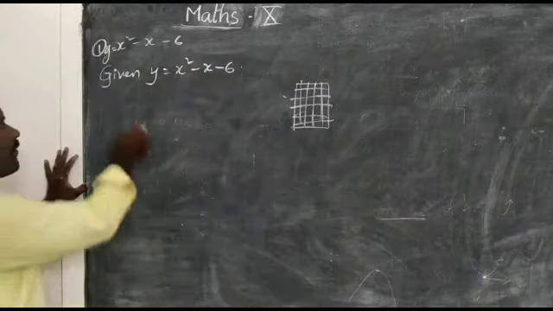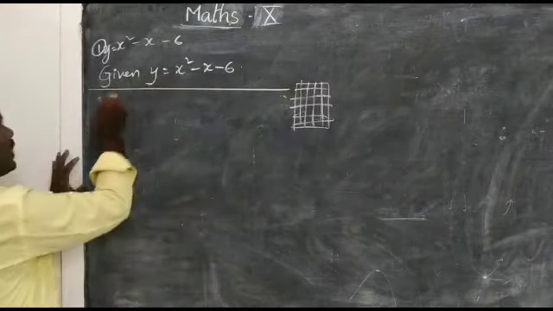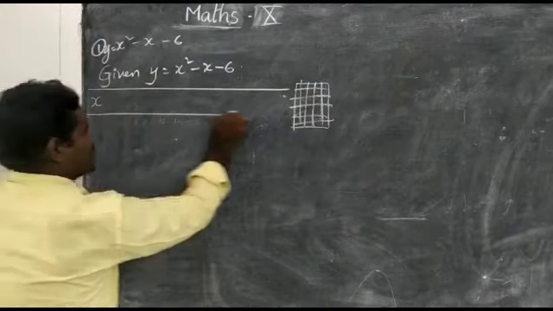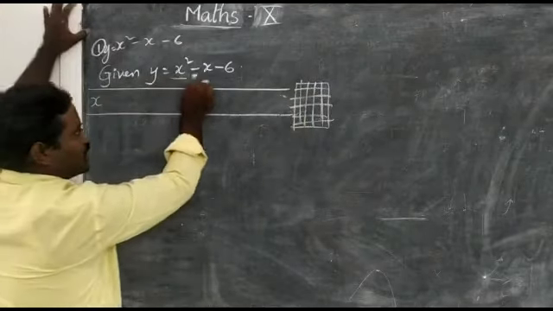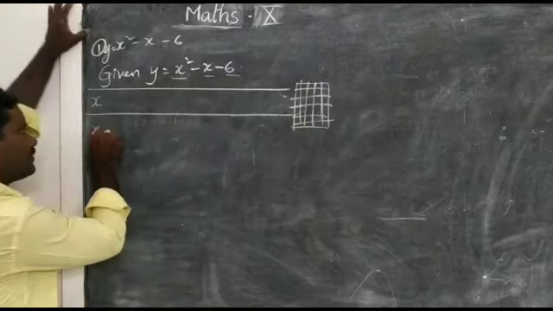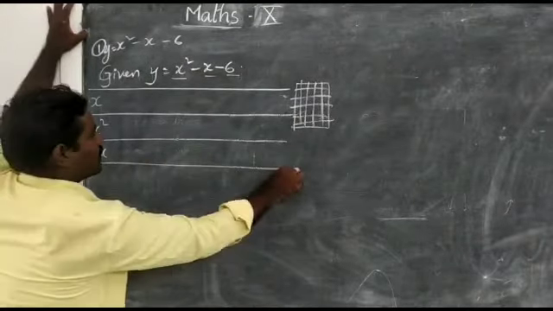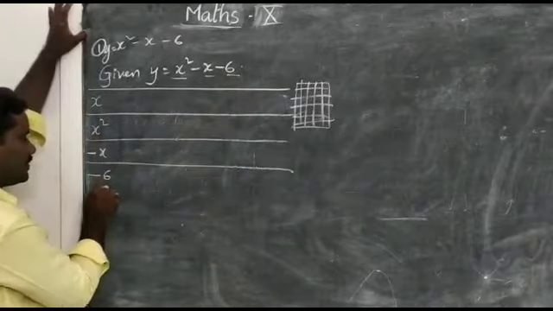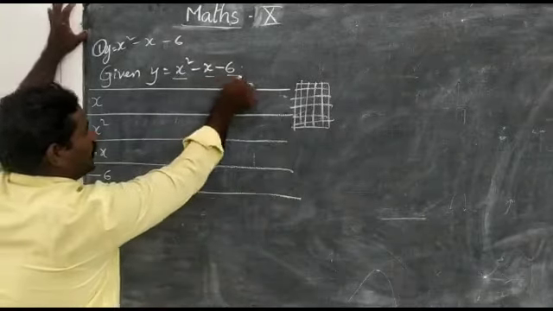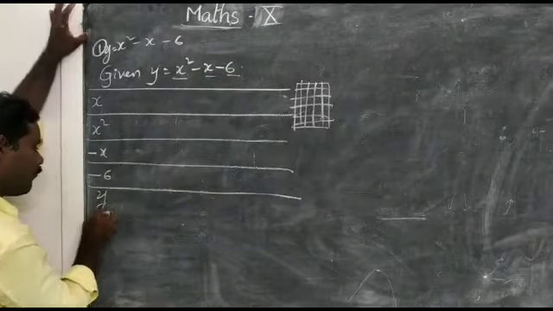Now write the tabular form. First I am taking x, and then you have to take these parts, x square, minus x and minus 6. At the end, the total polynomial is equal to y.